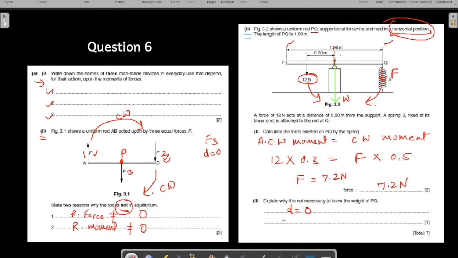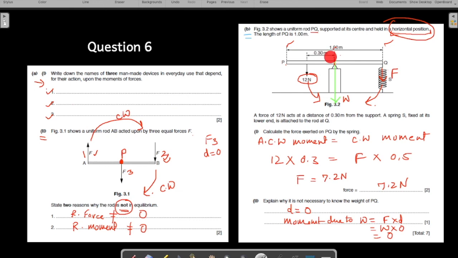So what is the moment created by the weight? Moment due to the weight W is force times distance. Force is weight times its distance, 0.